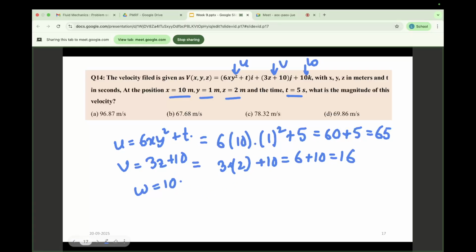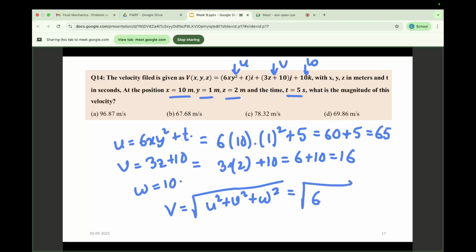These are the components in the x direction, y direction and z direction. But I have to find the overall magnitude of velocity, which is root over u square plus v square plus w square, which is 65 square plus 16 square plus 10 square.